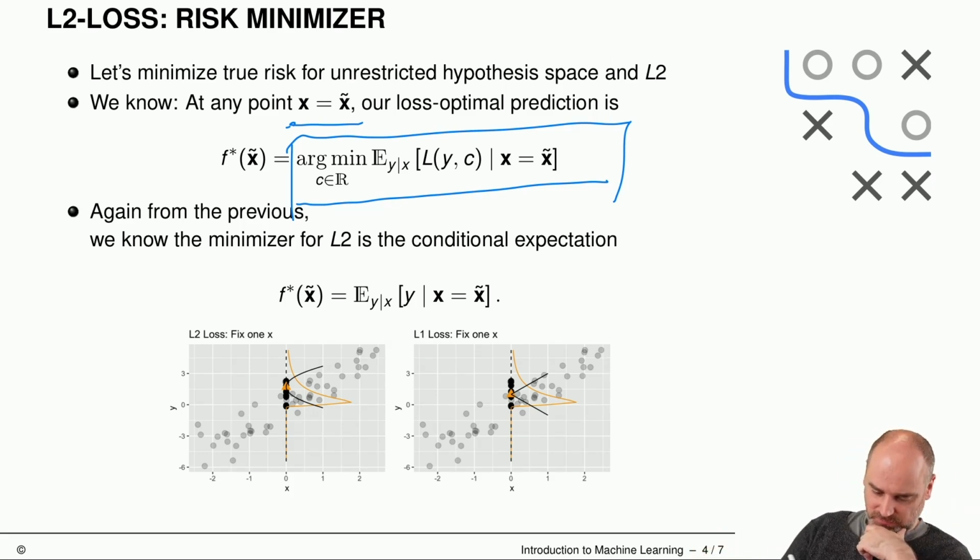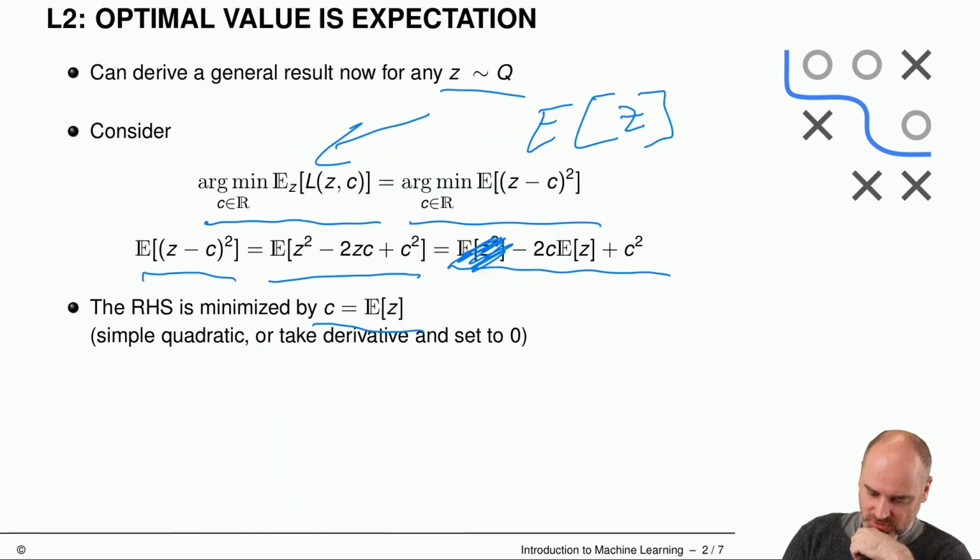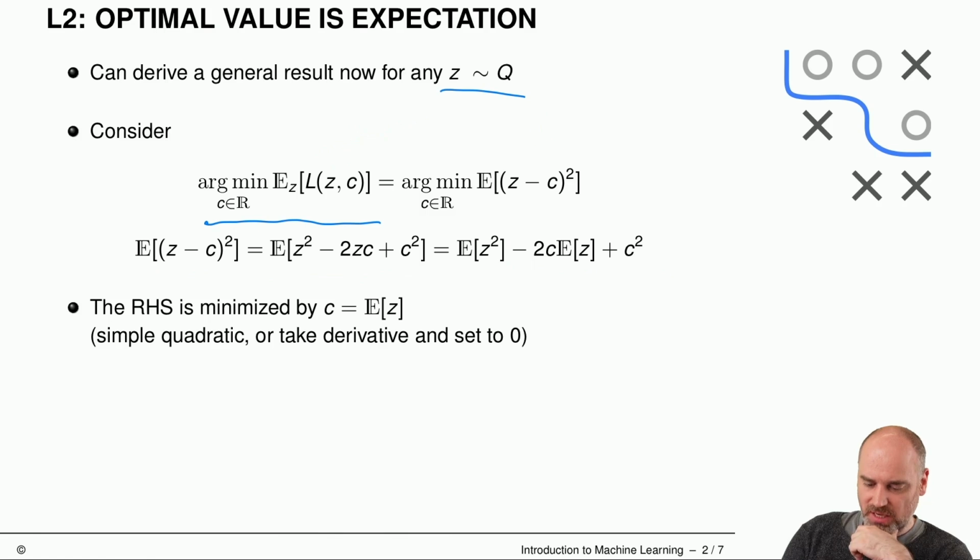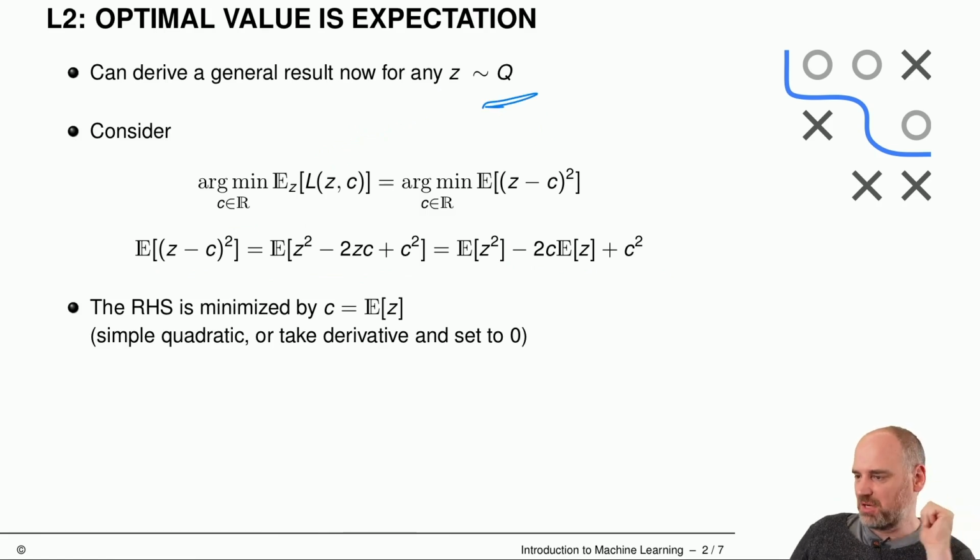So we can now simply use our results for the true loss. And the nice thing is that this derivation that I did on this slide didn't require anything about my distribution Q. So it can also be a conditional distribution.